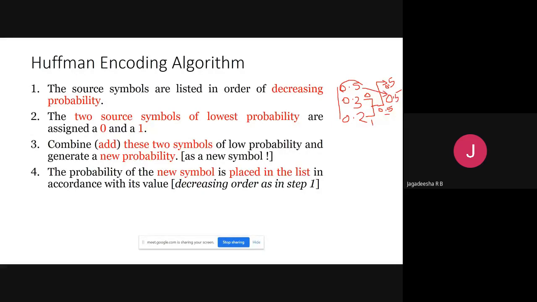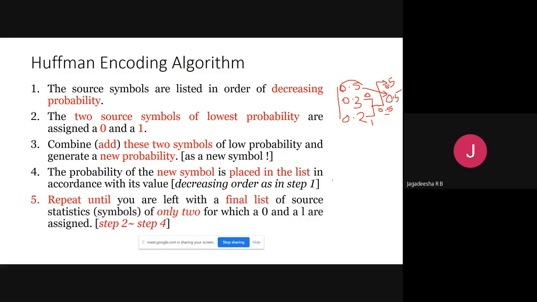Okay, so this is the fourth step. So after the fourth step, what you can see here is, again, we have some probabilities. They are in the sorted order, just what you have done in the first step. Then step 5, repeat until you are left with finally only two symbols.